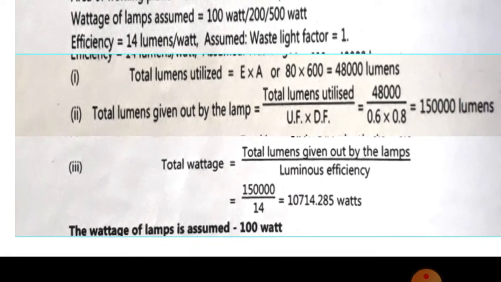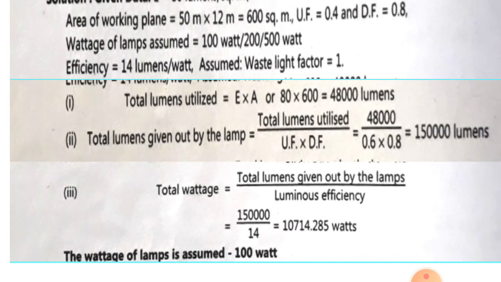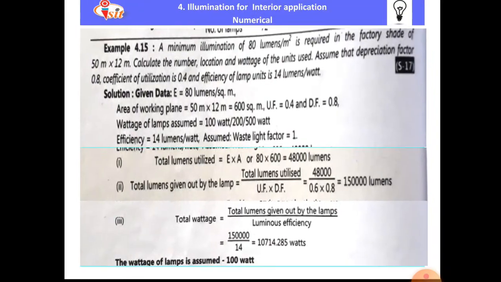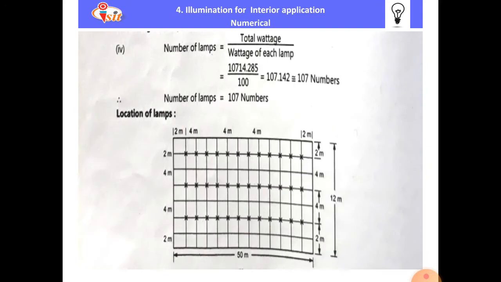Now we have to find the total wattage. The total lumens given out by the lamp is 1,50,000 and luminous efficiency is 14. So the total wattage comes out to 10,714.285 watts. If we assume a 100 watt lamp, then for finding the number of lamps we have to divide the total wattage by 100 watt.